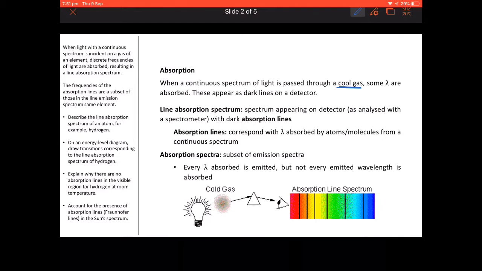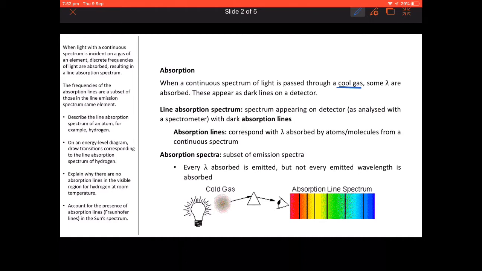A line absorption spectrum is the spectrum that appears on a detector as analysed with a spectrometer. A spectrometer is something that separates light into its constituent wavelengths. The line absorption spectrum appears with those dark absorption lines.